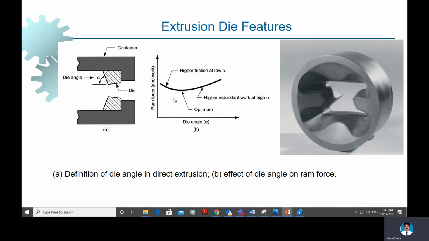So we need to select an optimum angle at which ram force required for extrusion will be less. At lower values of die angle, you can find that the ram force will be higher because of high frictional resistance. This is a typical die opening which is shown here.